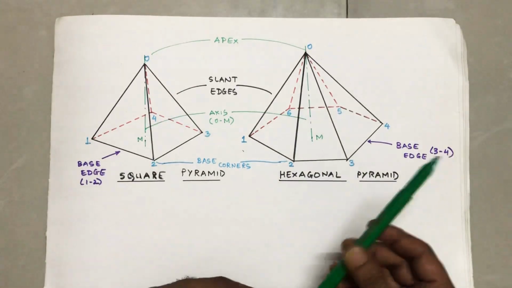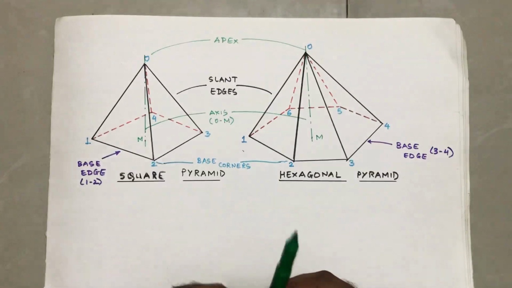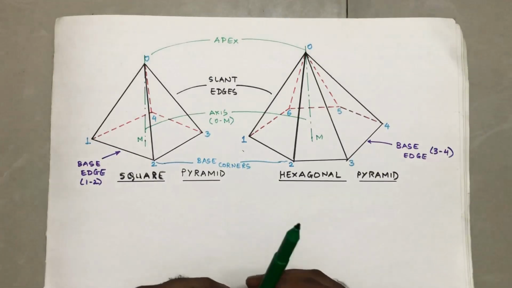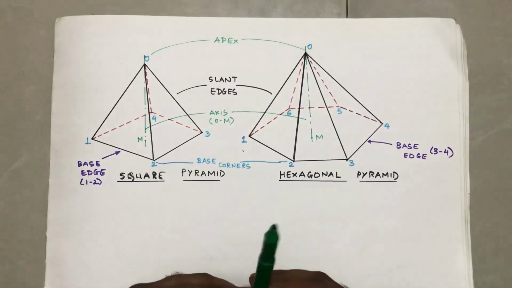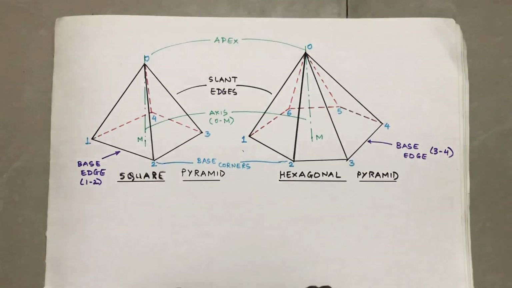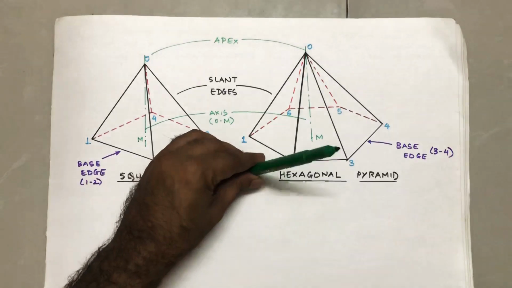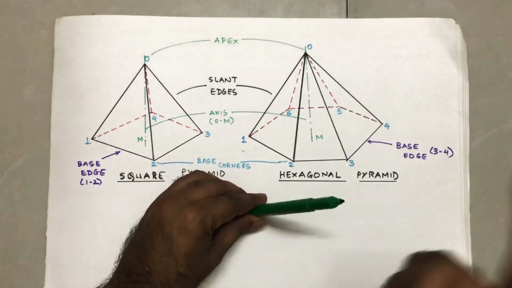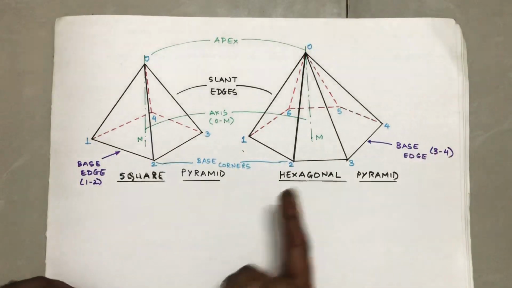It is inclined to the base. The best example is the Leaning Tower of Pisa, right? One of the 7 wonders, you can say. That tower, if you see, is not exactly straight. It is inclined to the ground. So the axis is not exactly perpendicular, it is inclined.